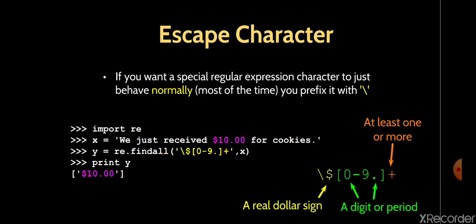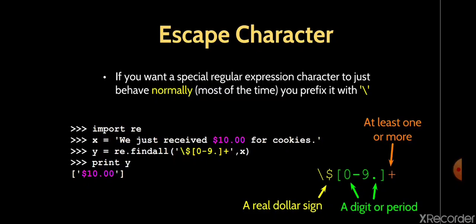When I use it in findall, if I simply use dollar, the interpreter will think that I should match at the end of the line. So to make it behave as a normal dollar, I am using a backslash first, then the dollar. This tells the interpreter that dollar is a normal character.